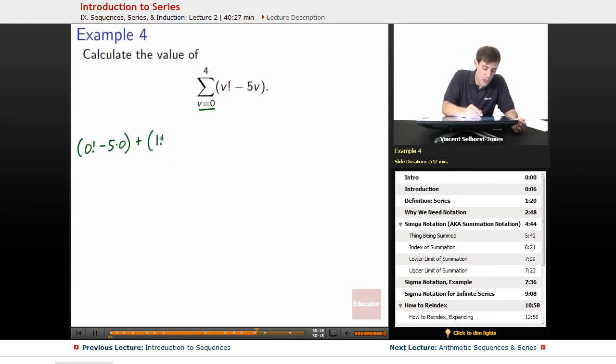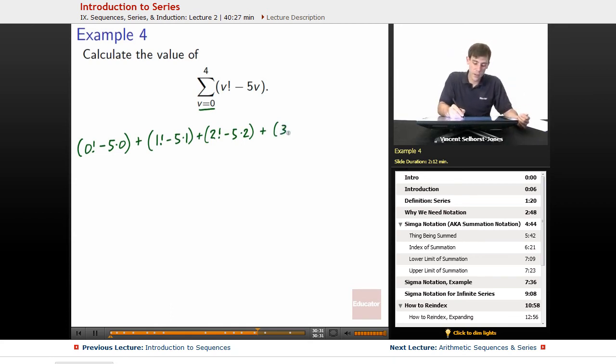So 1 factorial minus 5 times 1. Plus, next thing stepping up from 1 is 2. So 2 factorial minus 5 times 2. Plus, next thing from 2 to 3, 3 factorial minus 5 times 3. And then plus 3 to 4, 4 factorial minus 5 times 4.